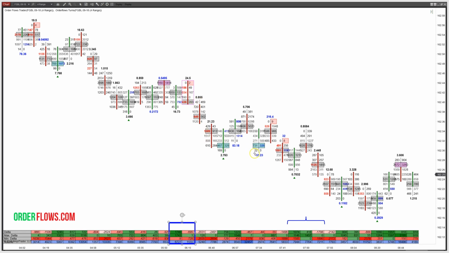Now this one is a little bit interesting. I'm going to talk about these sorts of bars a bit later, but what I consider a flip in here, it's 418, but look, the max delta was 1457, so it's actually 1,000 contracts less.